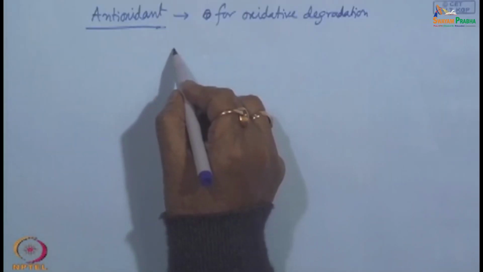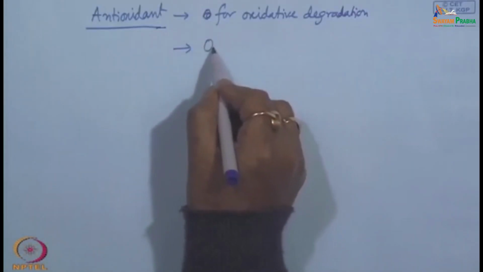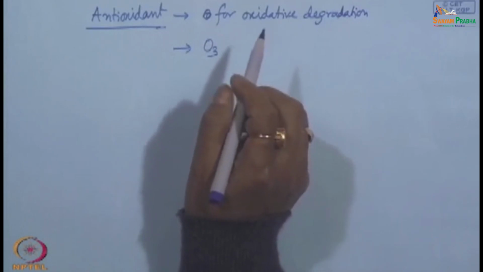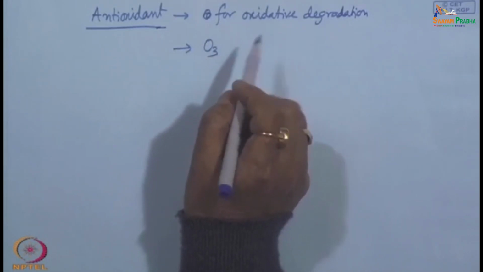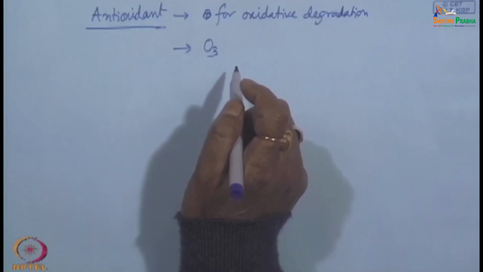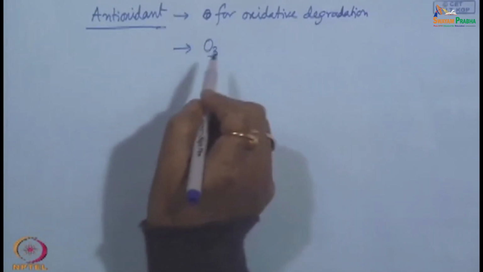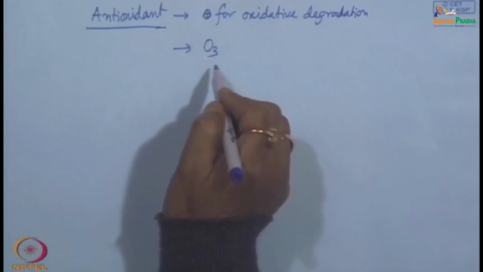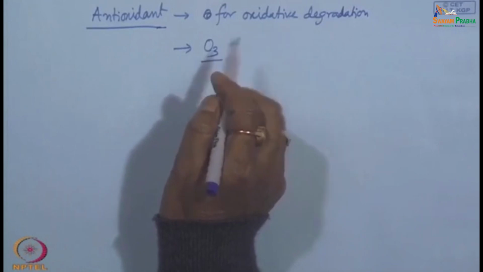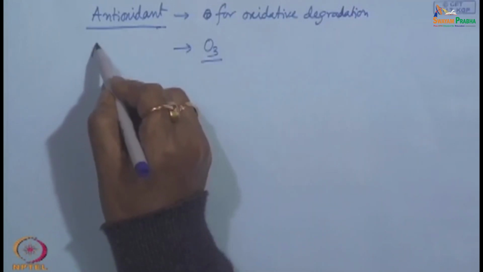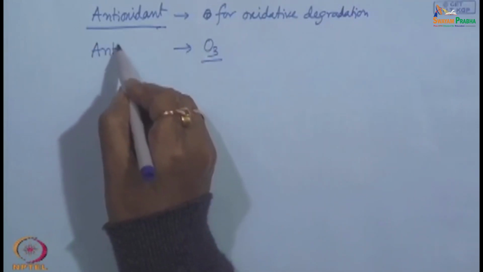Now, if the degrading agency is ozone, there are certain regions on the earth's surface where the atmosphere contains higher ozone concentration. The compound that prevents the rubber product from degradation by the ozone in the atmosphere is known as an anti-ozonant.